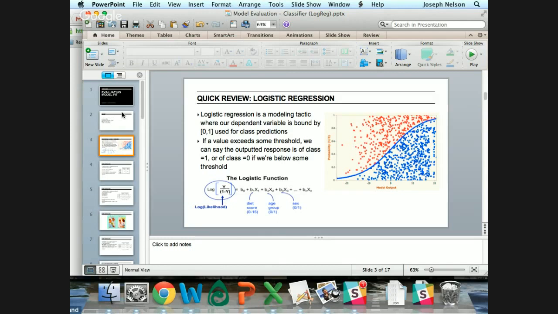And the key thing to think about here is we can determine the threshold at which we think that outputted value belongs in which class. The default is always going to be 0.5. At 0.5 and up, we're going to say class 1. 0.49 and down, we're going to say class 0. There's nothing that says we have to do that. In fact, when we do our model outputs, as we just saw in that notebook, we had a value of 0.8.